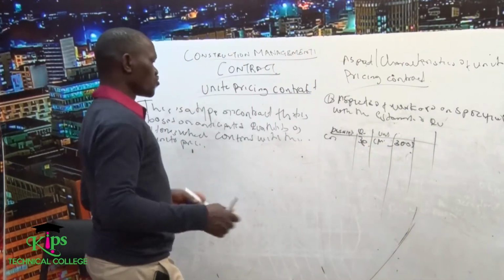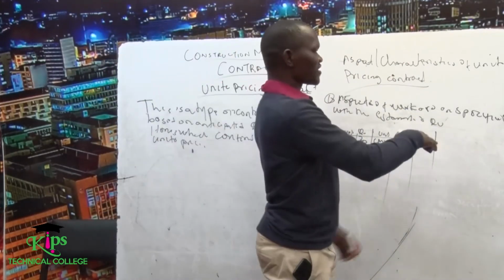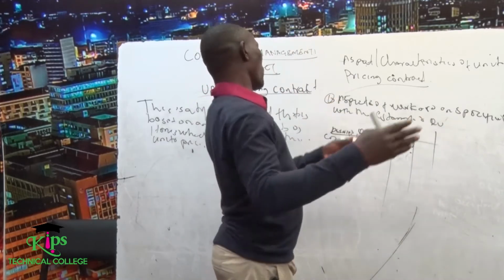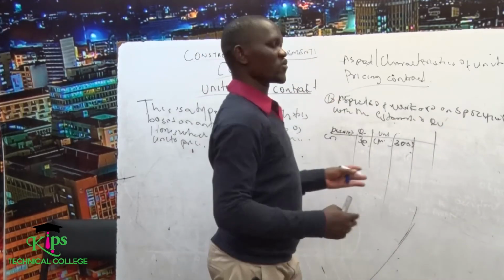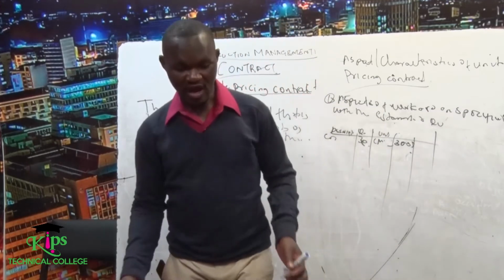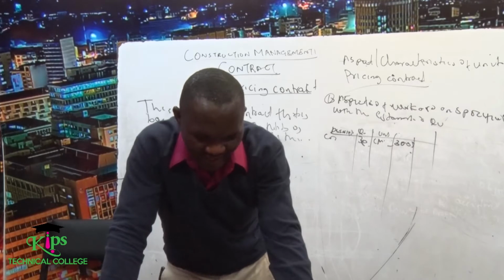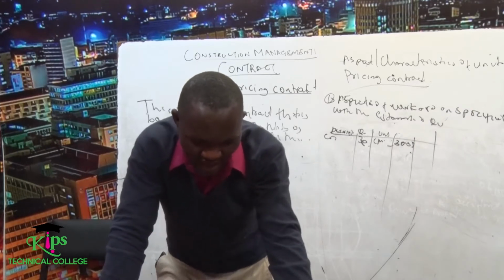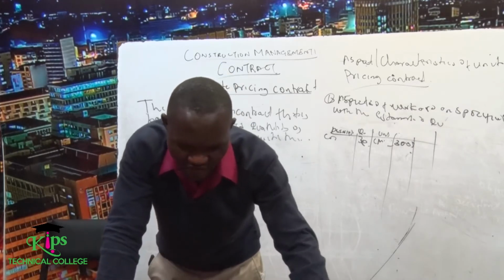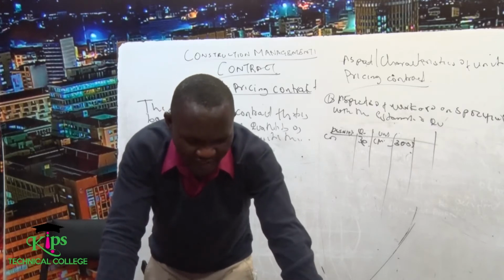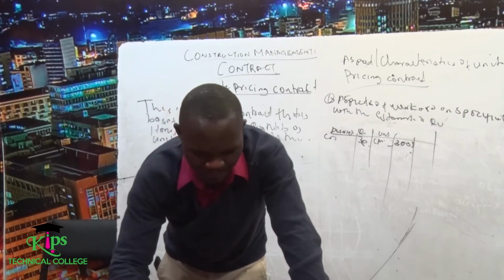Then they have to do what is called remeasurement. Remeasurement means they have to know what you have done and what is remaining, but they only pay you on what you have done. Again, another feature: redeterminations of the unit prices when substantial quantities or deviations occur are stipulated in the contract conditions.